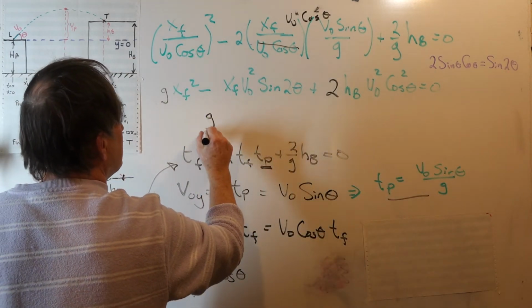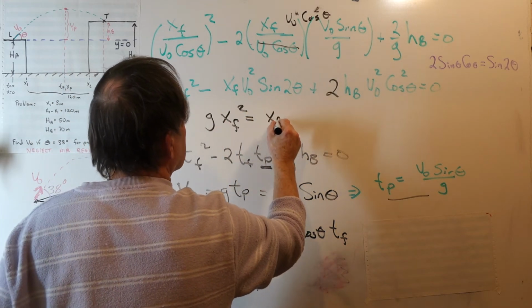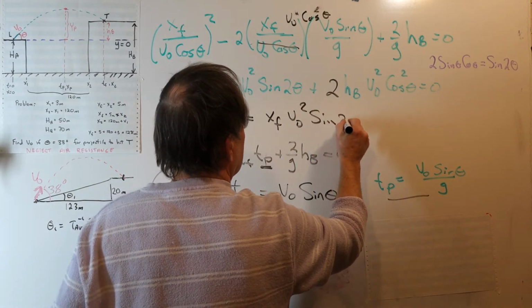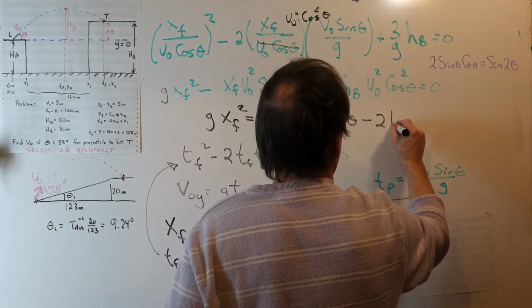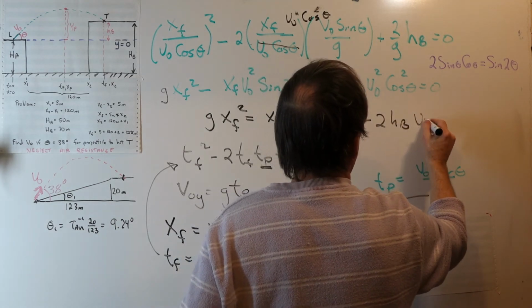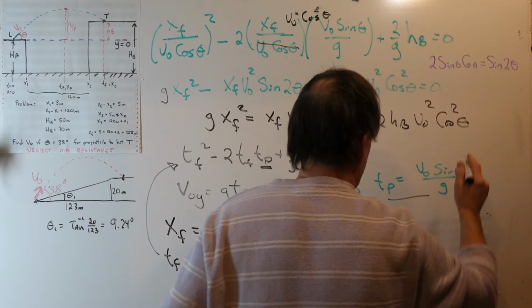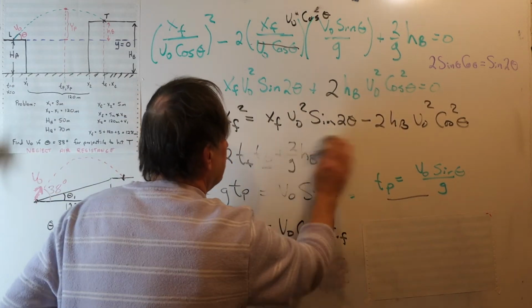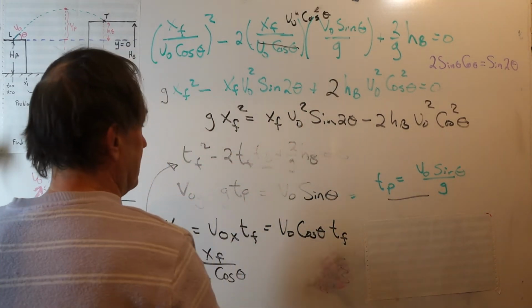So we have g xf squared is equal to xf V0 squared sine 2 theta minus 2 hb V0 squared cosine squared theta. We don't need this stuff here, so we'll get rid of this.